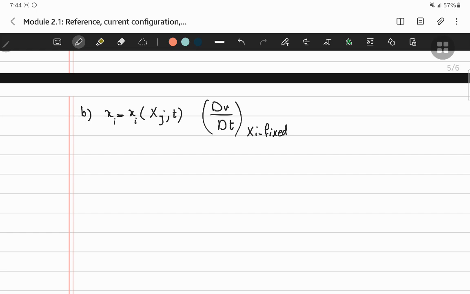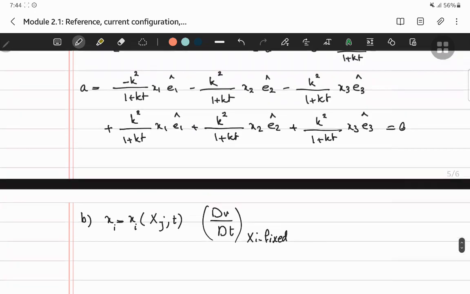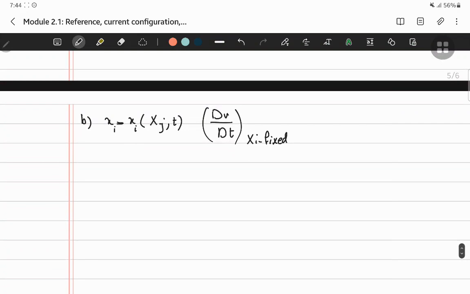The material derivative in the material description. Therefore, I can also show that the value of, let's say, velocity is constant, and this also gives 0 acceleration. So let's do this.